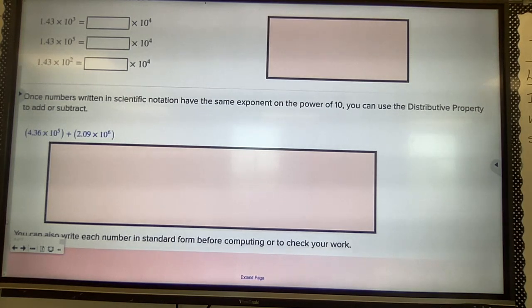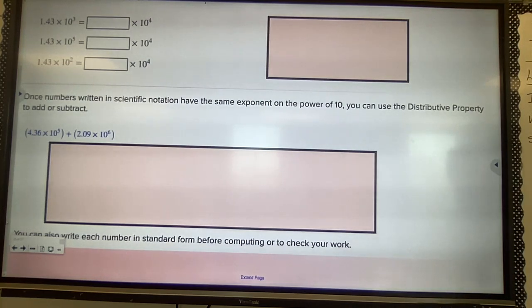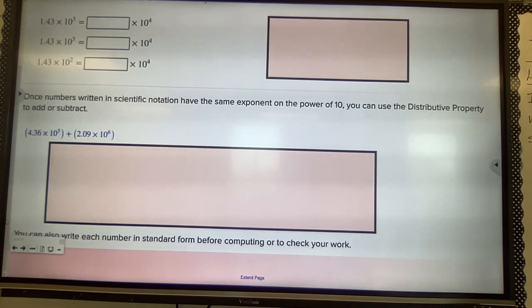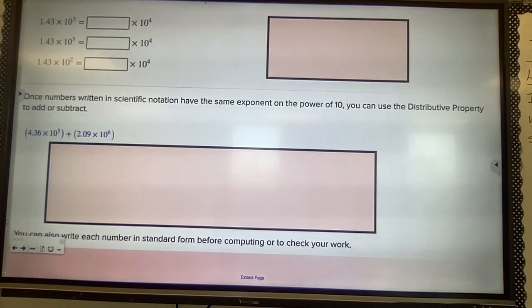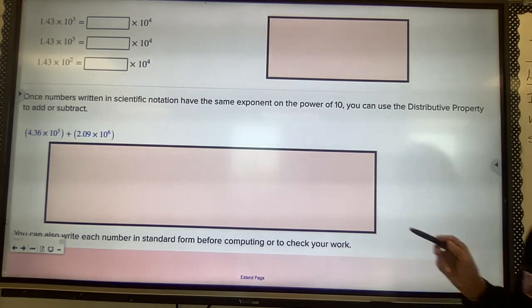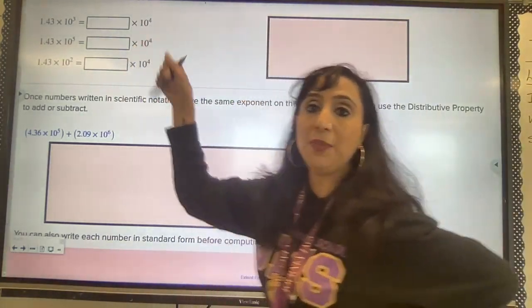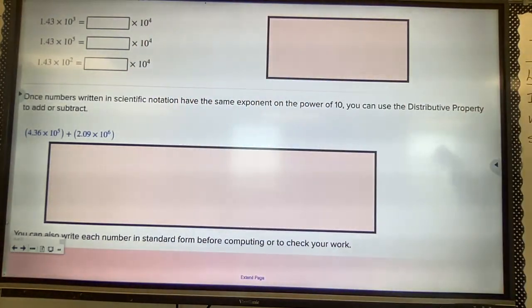To add 3 and 6/10 times 10 to the fourth power to the numbers shown, each number needs to be rewritten so the exponents on each power of 10 are the same. So let's look at those examples up there, and I'm going to rewrite them so that all of them have the same power, where it is saying times 10 to the fourth power. Then it becomes easy for me to add, subtract.